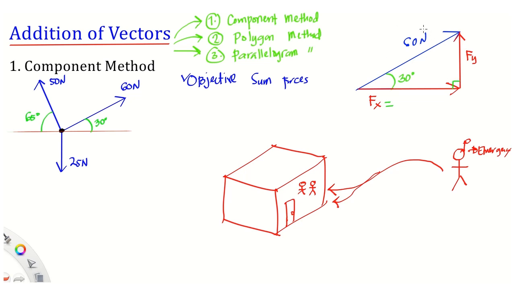If the magnitude or the length of the hypotenuse is 60, we could get the adjacent. This is called the adjacent because it is adjacent to the angle. And this is called opposite because it is opposite with respect to the angle 30.